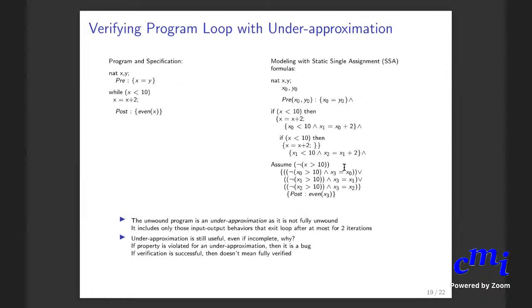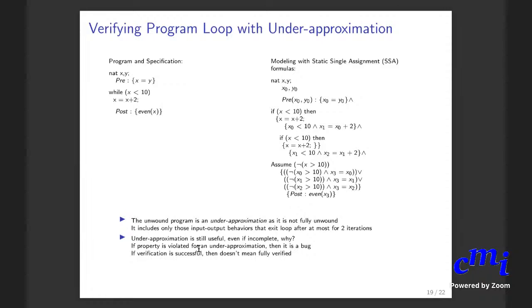Correct? Because for 7 and 9, they take iterations 1 and 2. Okay, so anyway, that is just a check. But the point you guys have understood is that under approximations are also useful as good debugging devices.